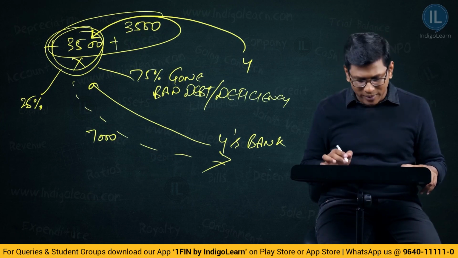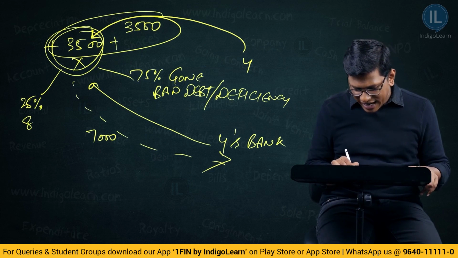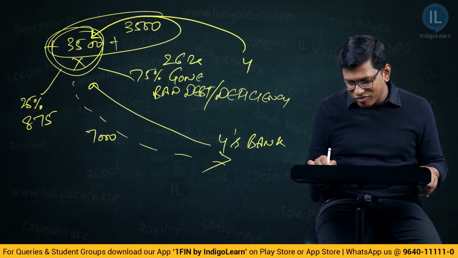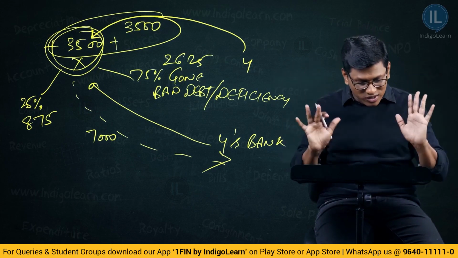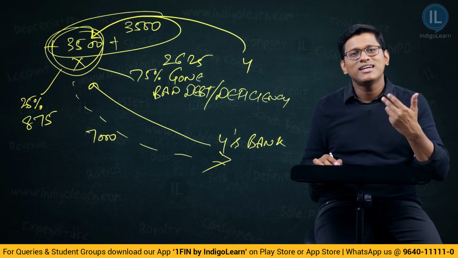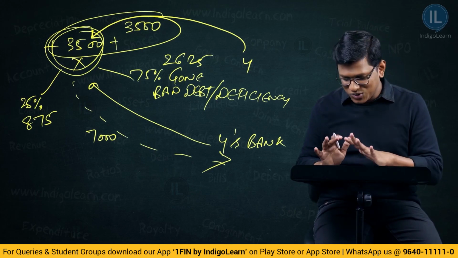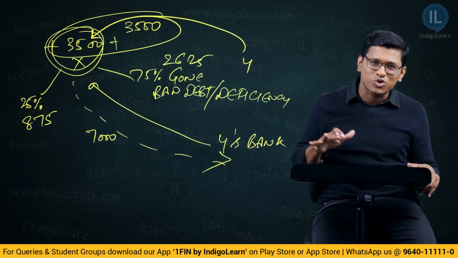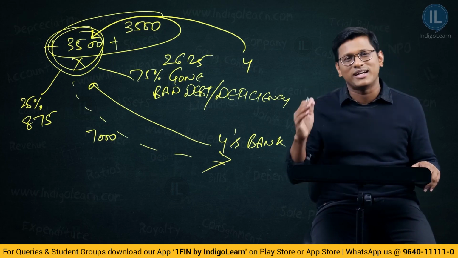Only 25% will be paid. 25% means 875 will be paid. 2,625 is gone, that we can't pay. So that is the gist of the story. For this, the 6th entry is going to be for this. Friends, this is the gist of the story. Now we will start passing journal entries for this.